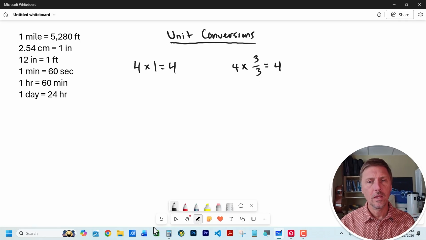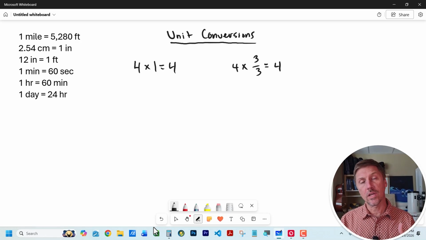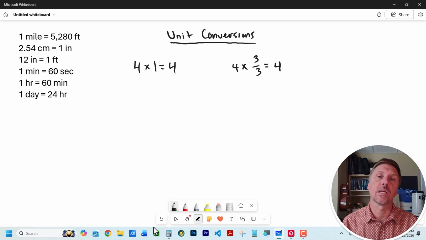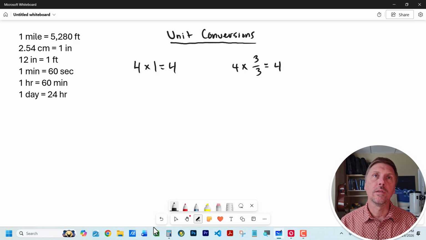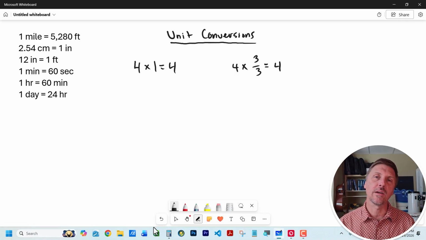Since two equivalent values over one another are equal to 1, we can take that and multiply it by another number without changing its value.